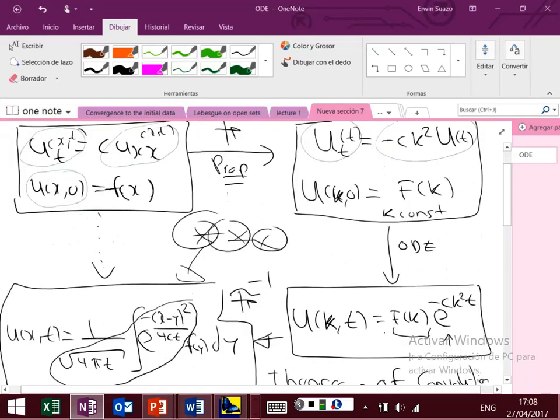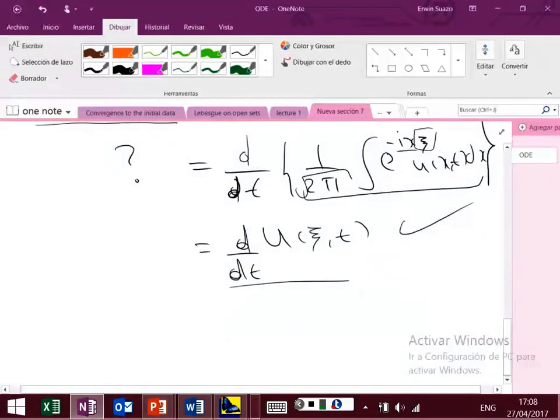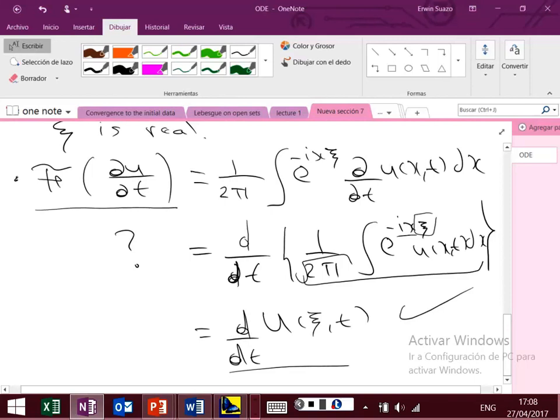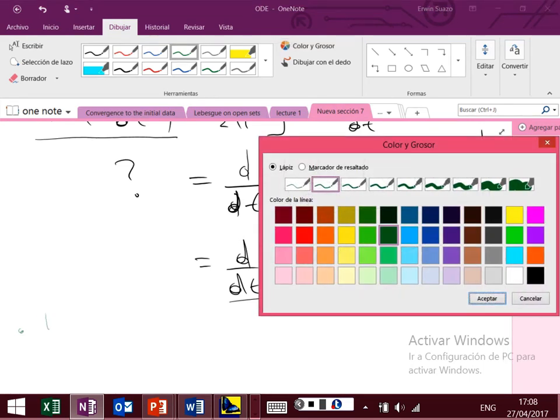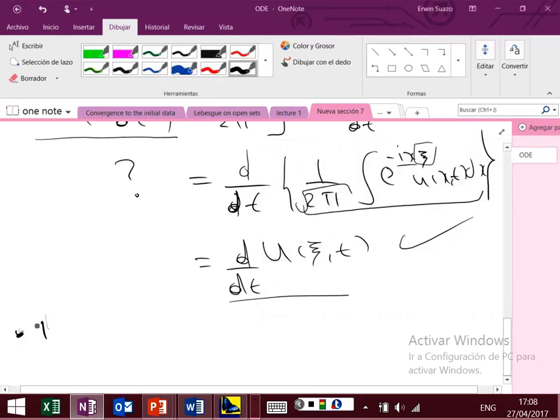So let's try the Fourier transform of u(x,0). You take the Fourier transform of u(x,0), you're just gonna get here U(xi,0).